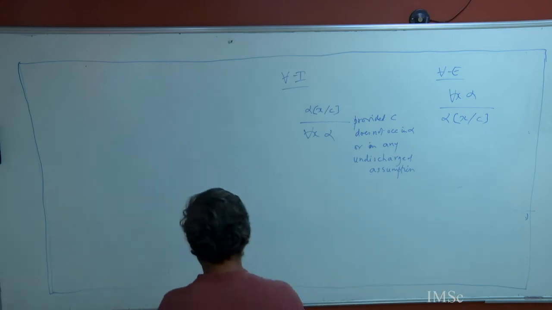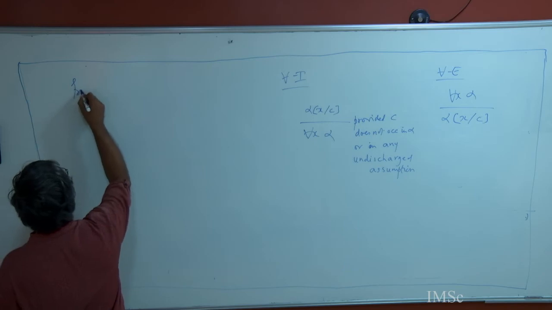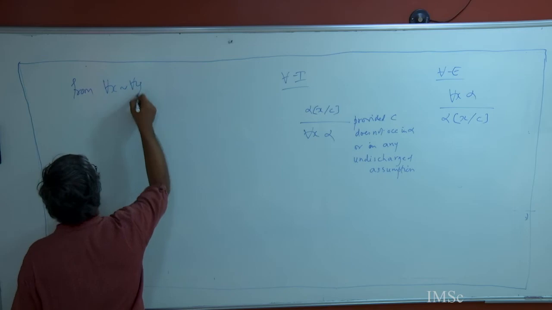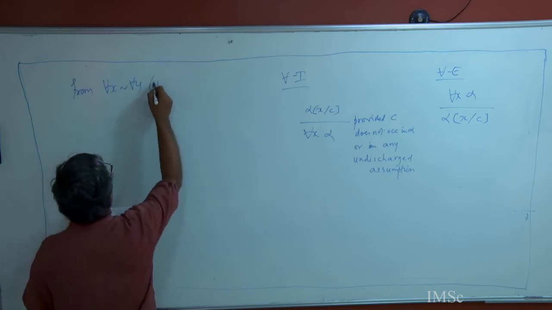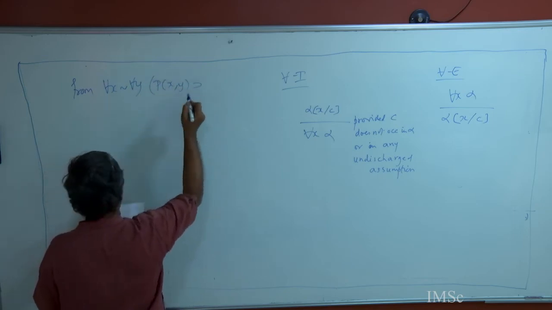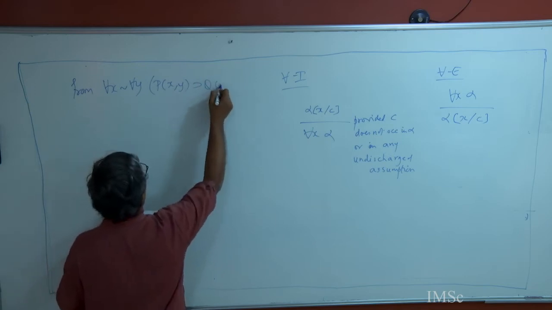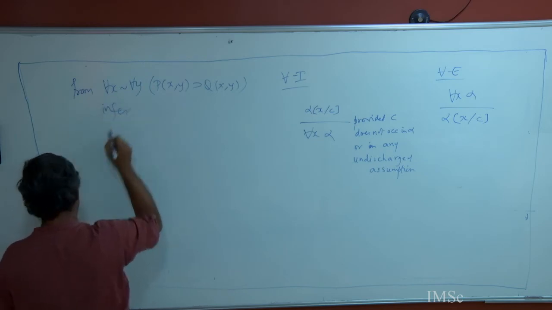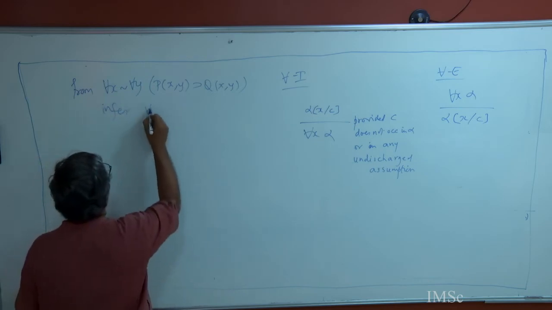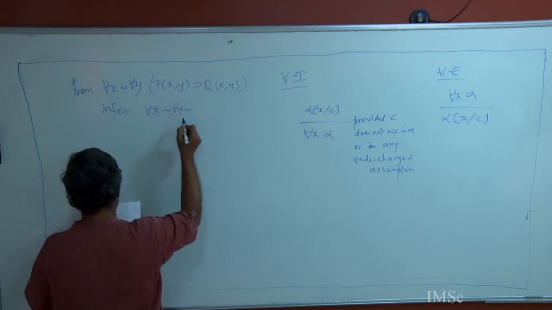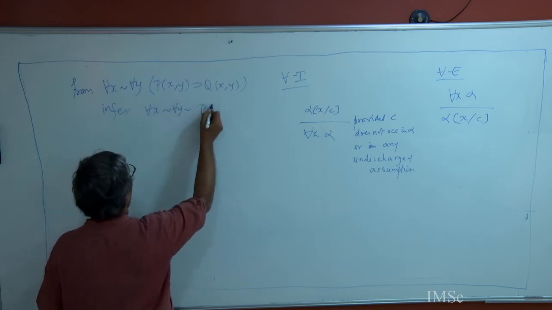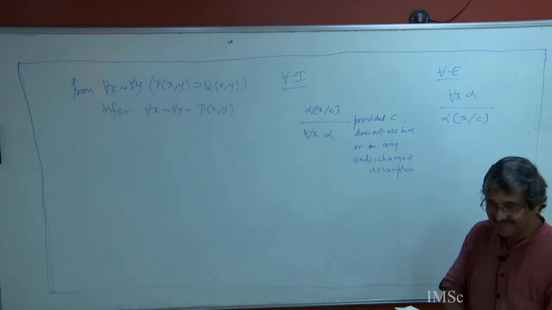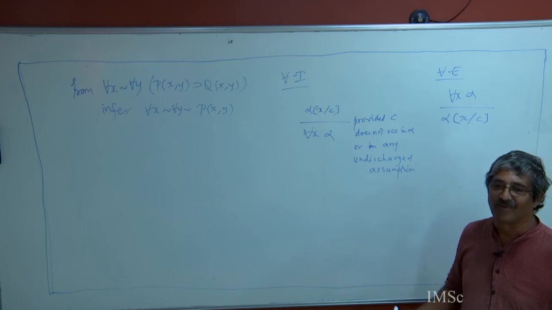Okay, so what we want to do is something fairly obvious. From for all x, not for all y, pxy implies qxy, we want to infer for all x, I mean, of course, it's there exists y, but in whatever form you are given, you have to derive, right?